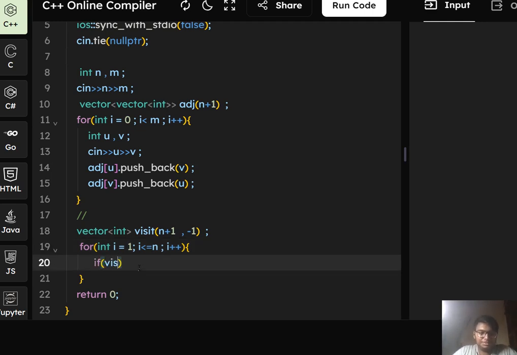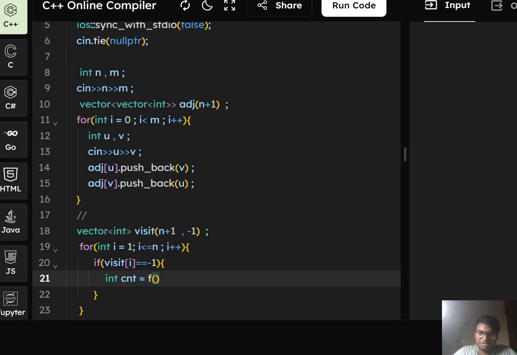So if visited is minus one, let's say count is equal to a function which I will create.